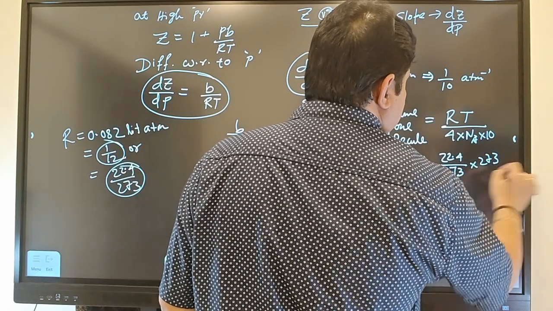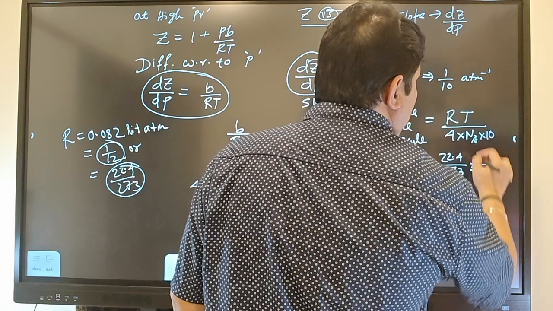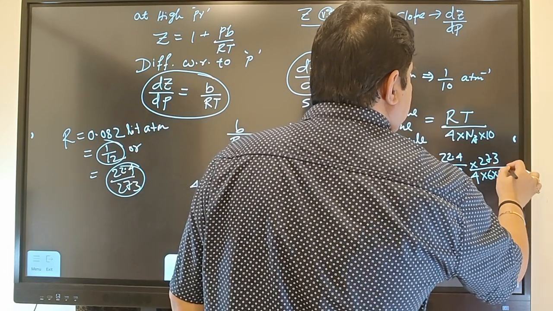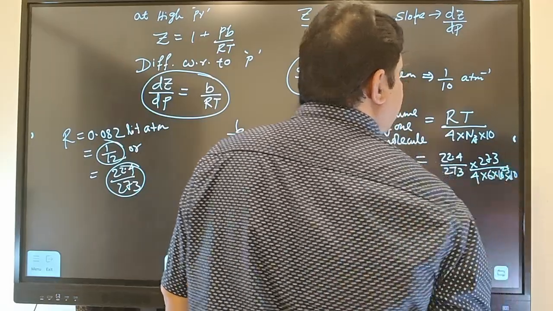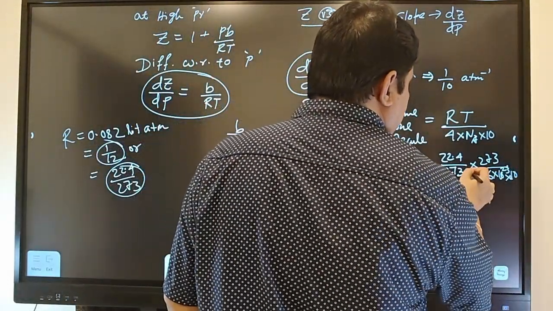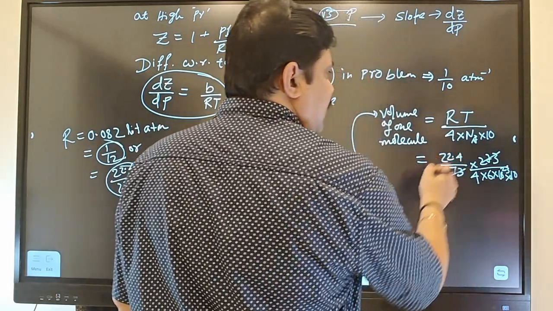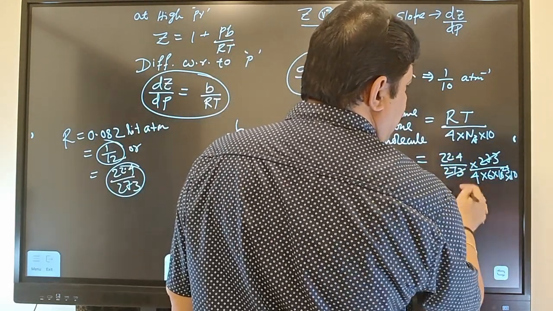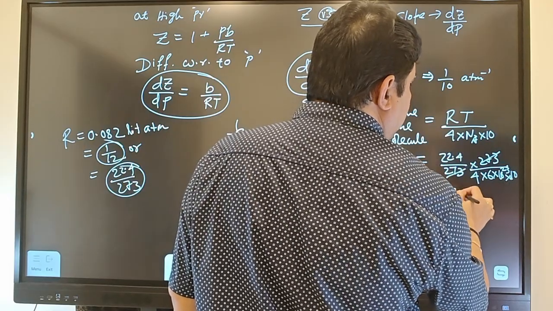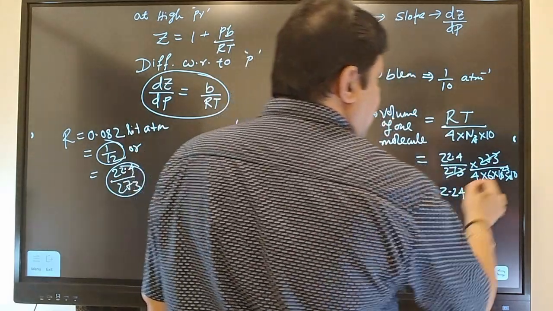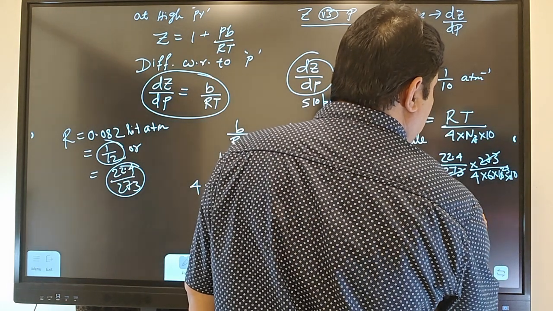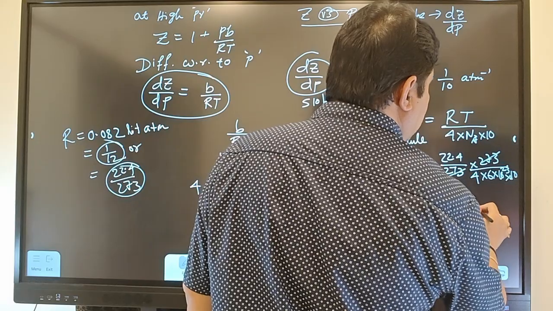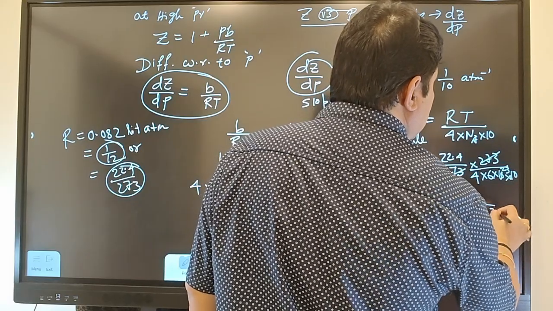Below we have 4 into the Avogadro number, 6 into 10 power of 23, into 10. Then you look at, 273 cancels out. Then what you will get is 22.4 divided by 10, which will come 2.24, divided by 4 into 6 into 10 power of 23.